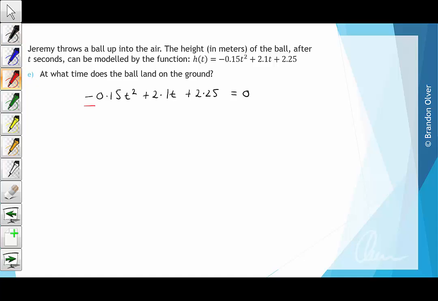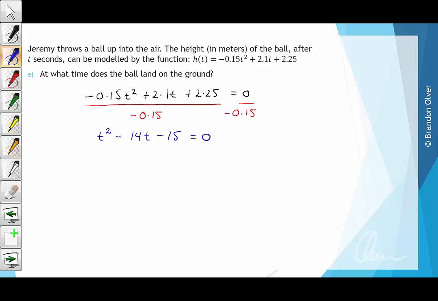So if we divide both sides by negative 0.15, this will help to simplify the equation we're trying to solve. So we'll get positive t squared minus 14t minus 15 equals still 0.